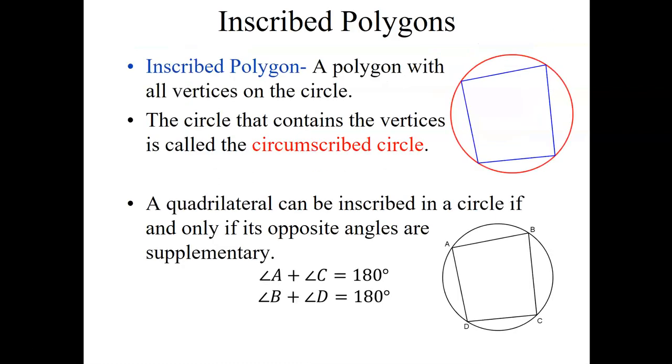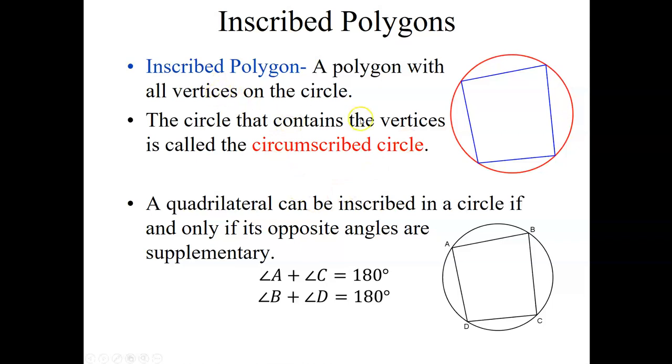All right, last thing we talked about in this section was the idea of inscribed polygons. Inscribed angles are angles where the vertex is on the circle and the sides are chords. An inscribed polygon is a polygon where all of the vertices, all of the corners, are inscribed angles.